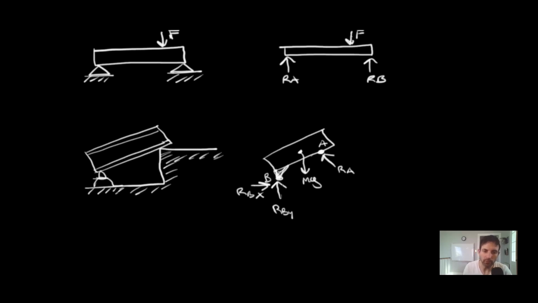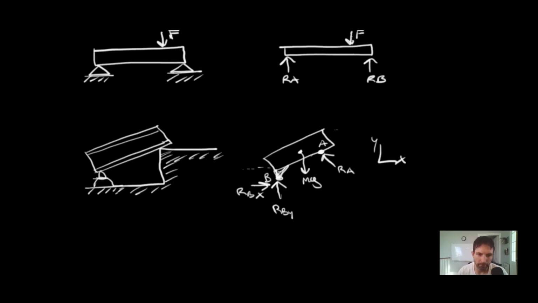Not only are you supporting it vertically, you're supporting the lateral movement it wants to do but is prevented from doing because of reaction B. You have some kind of resultant reaction B in that direction. Okay, that would be the free body of that, and we'd assume that's X and that's Y.